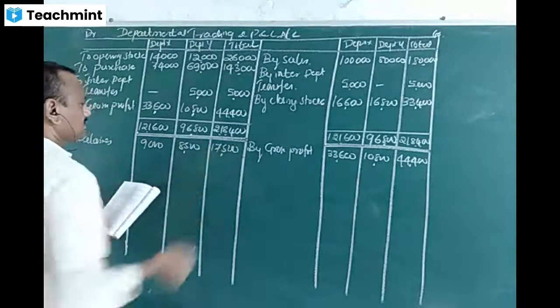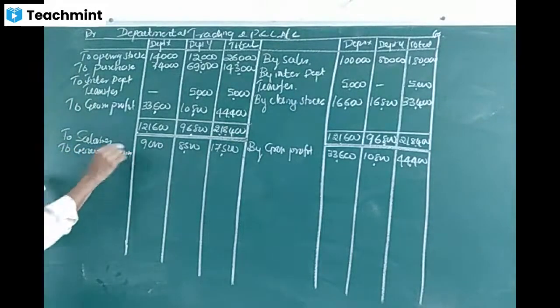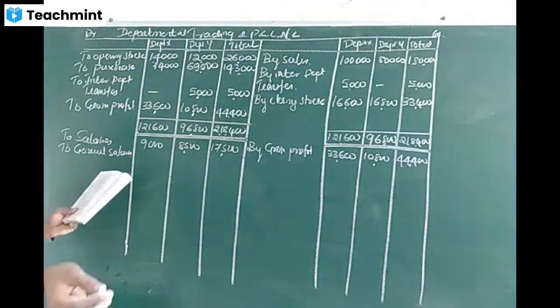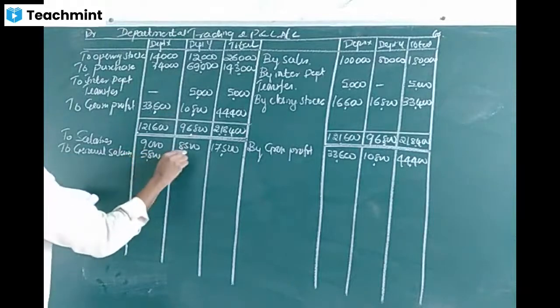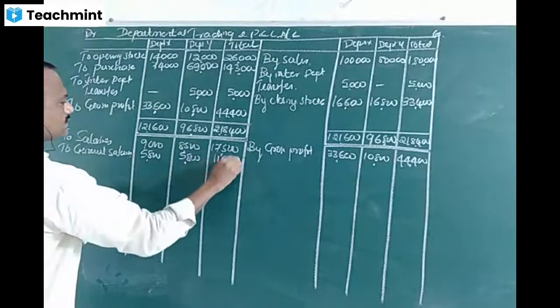Total will become, they have already totaled, 17,500. Next, general salaries. Yesterday we have allocated 5,800 each, 11,600.